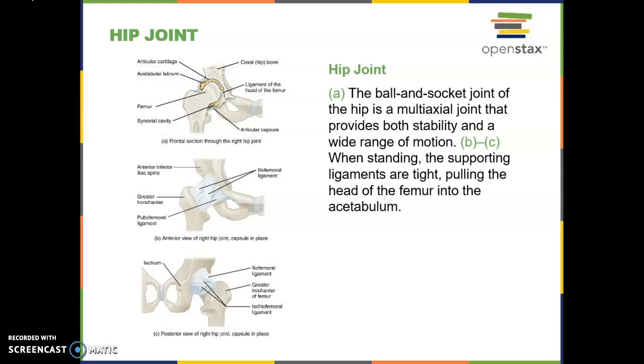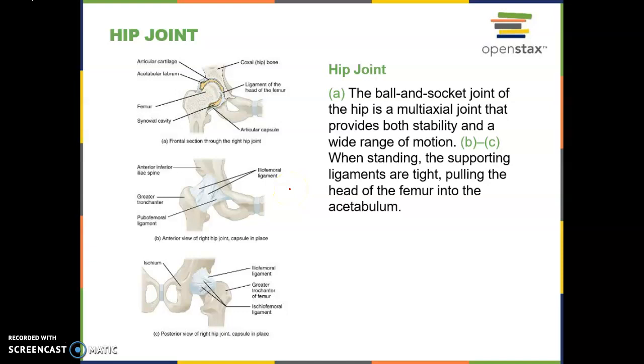So here, for the hip joint, we see the hip bone here. This bone is the femur, and this is the head of the femur. We do see that the head of the femur articulates in the acetabulum, and there are 3 ligaments that we need to know when talking about the hip joint.